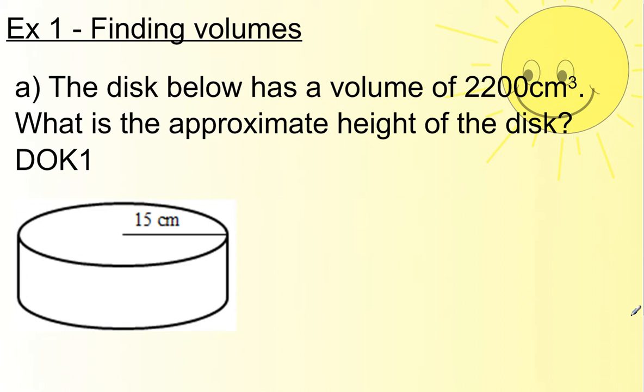So it says here, the disk below has a volume of 2,200 centimeters cubed. What is the approximate height of the disk? Now, one thing you're going to want to do in every single problem is look at the formula sheet and write down the appropriate formula for the shape that you have. So this problem, they're giving us a cylinder.